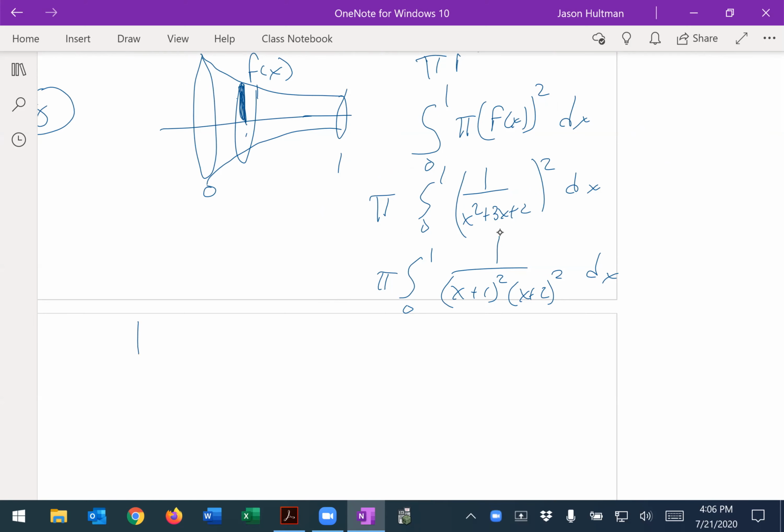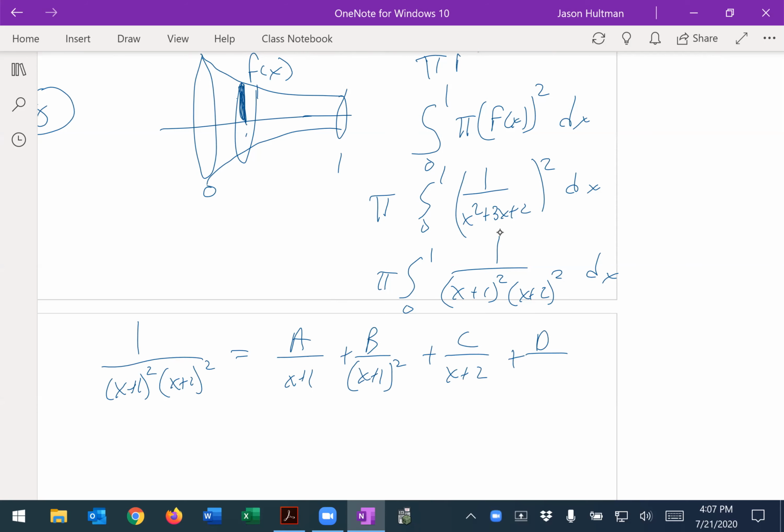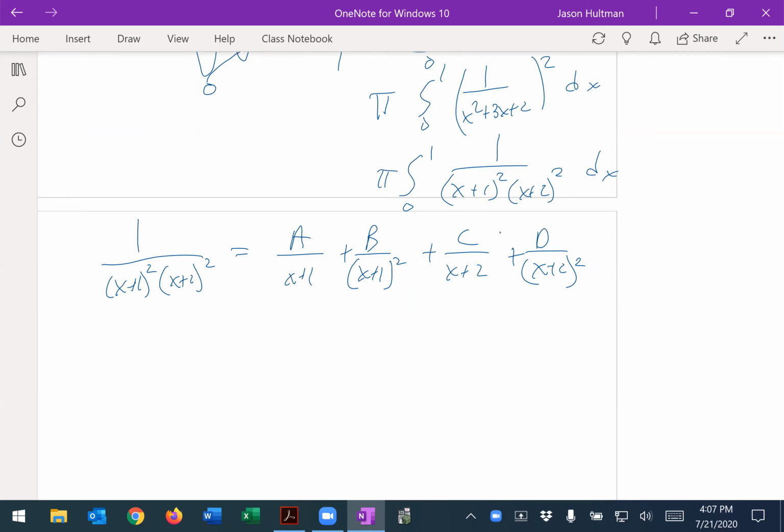We have 1 over x plus 1 squared times x plus 2 squared, equals a over x plus 1 plus b over x plus 1 squared. We have to take into account that either of them could be repeated factors, plus c over x plus 2 plus d over x plus 2 squared. Now I'm going to multiply through and try to get some values here, turn this into partial fractions, and then we can integrate, hopefully pretty easily.